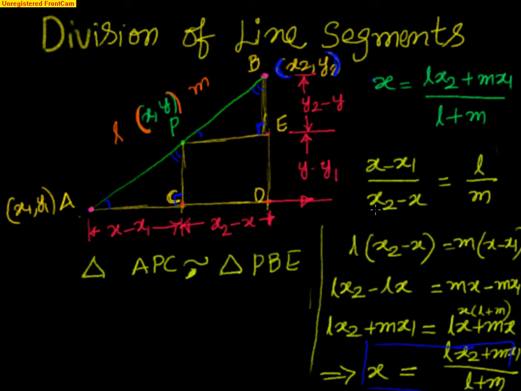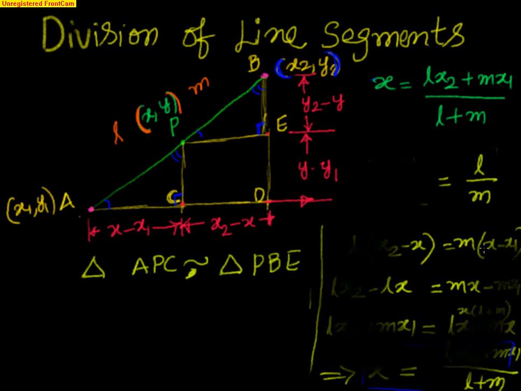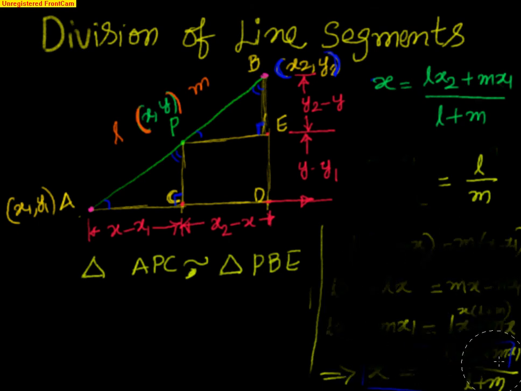Now similarly, can you go ahead and find out the y coordinate? I will leave it to you. I'll just give you how you have to compare them, then you can take it forward from there. Let me just erase this and give that to you. Now this changes, right? Instead of x2 minus this whole thing, now I have to take y.